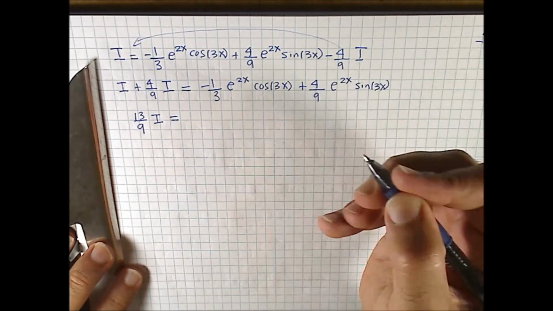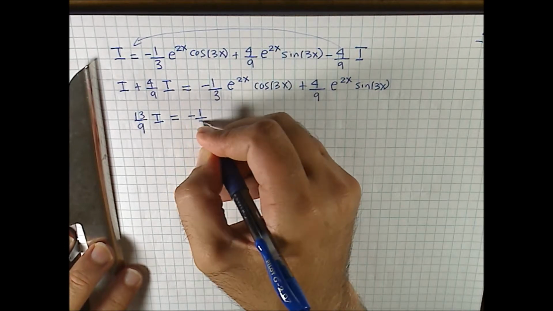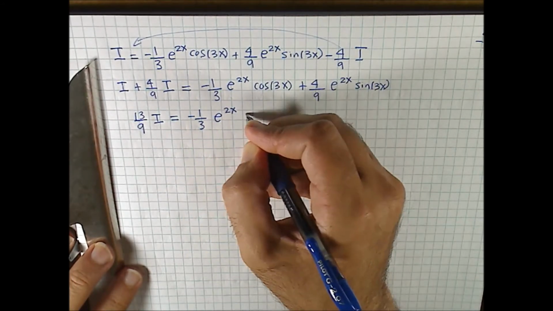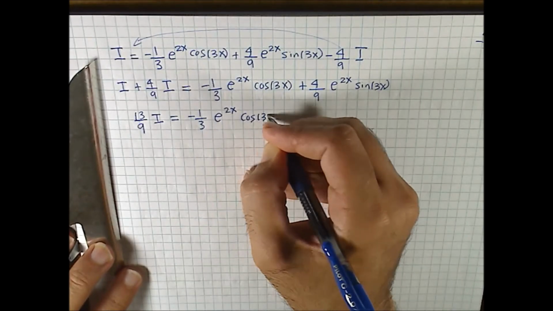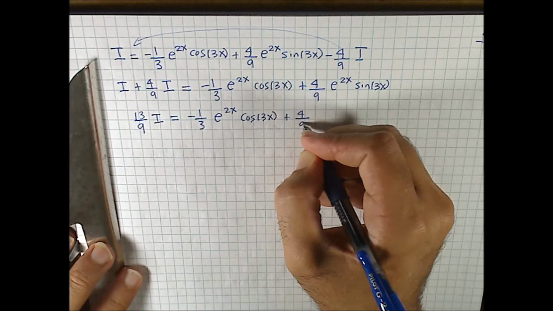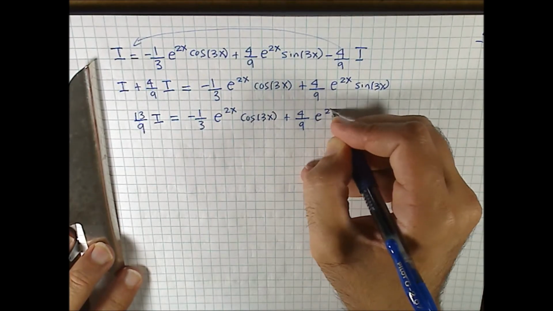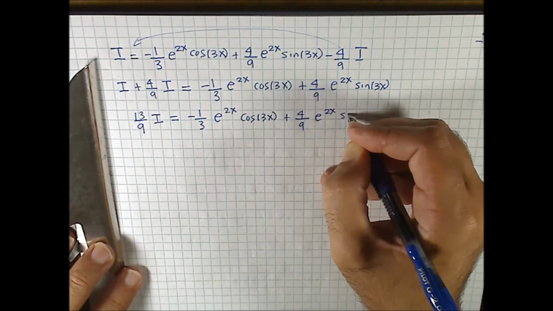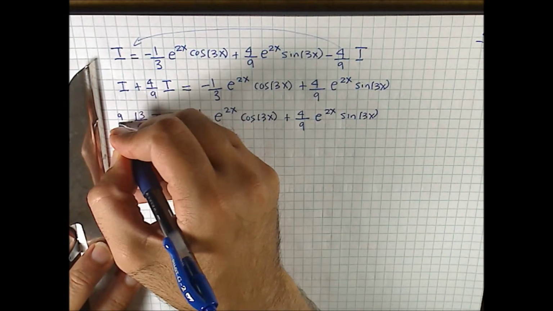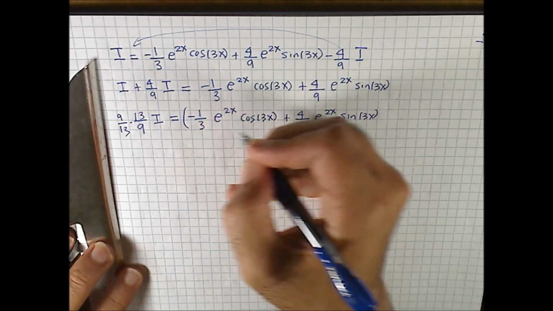is equal to negative 1 over 3 e to the 2x cosine 3x plus 4 over 9 e to the 2x sine of 3x. Multiply this side by 9 over 13, and multiply all of this by 9 over 13.